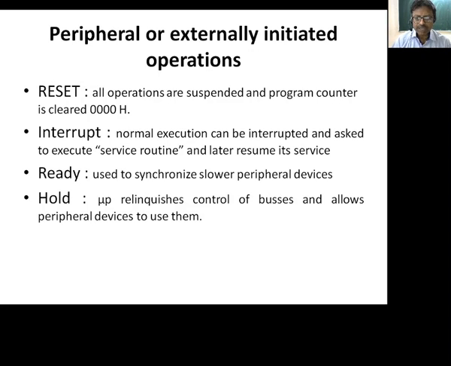And once the transfer has been done, that device has to send a low signal on the hold line to the processor, giving the information that the data has been transferred, and now you can take the control over the buses. So these are the four different externally initiated operations which are performed by the microprocessor.